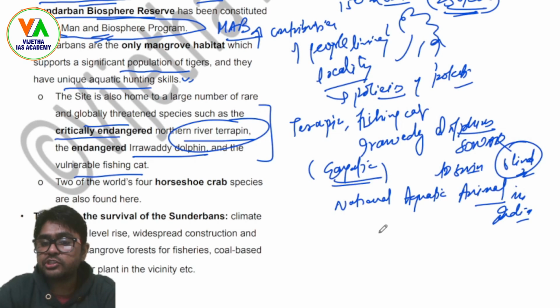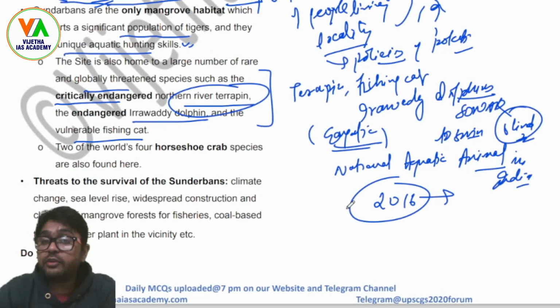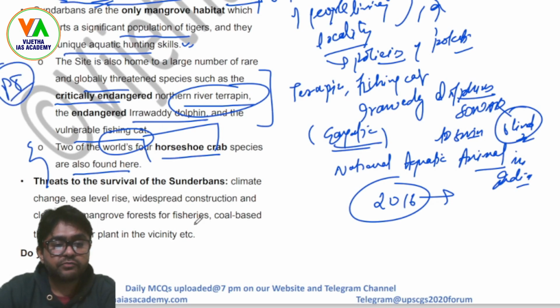And this question was exclusively asked in 2016, right? Now, 2 of the world's 4 horseshoe crab species are also found here. 2 of the world's 4 horseshoe crab species. These are very important points for prelims.